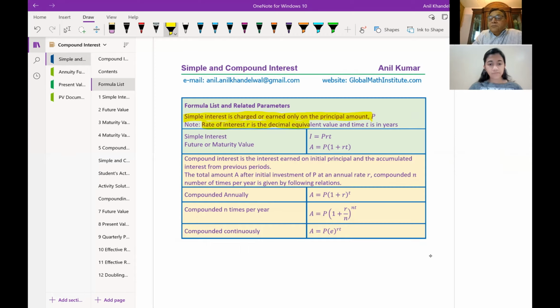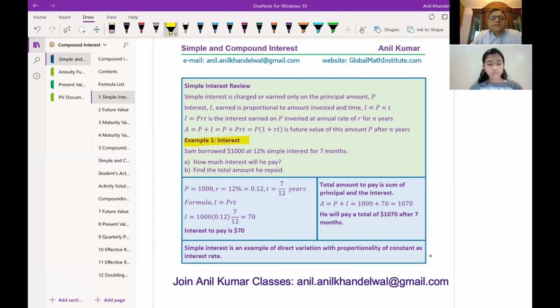So now let us revise some examples. Here is an example for you, example one. Can you please read the example? Sam borrowed $1,000 at 12% simple interest for 7 months. How much interest will he pay?